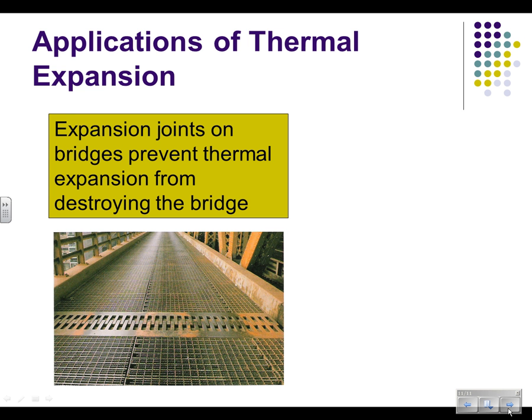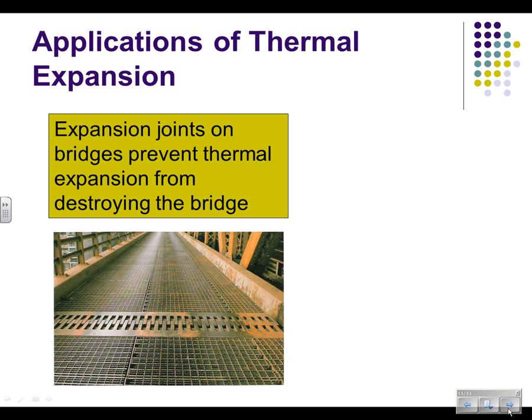Ever see these things when you go across a bridge, maybe at the park, if you're on a walking bridge or something like that? These are called expansion joints. In the summertime, what happens to this bridge? It gets hot, and if it gets hot, what happens to its volume? It gets bigger.